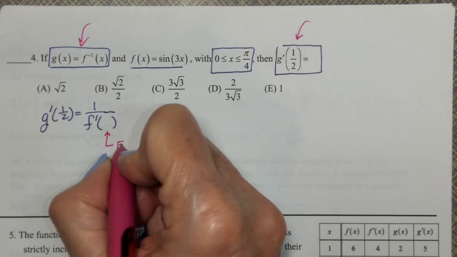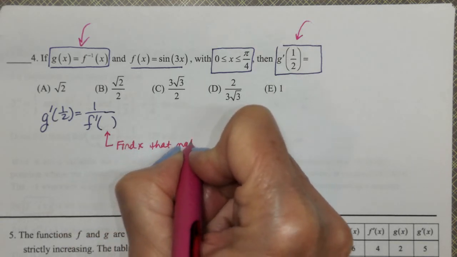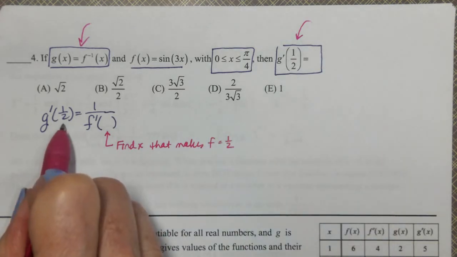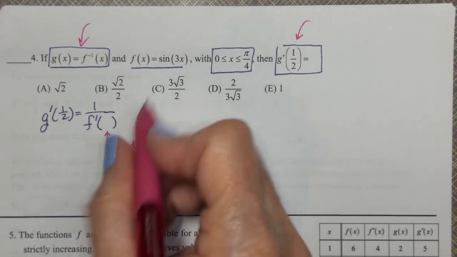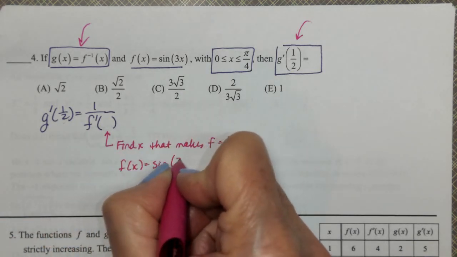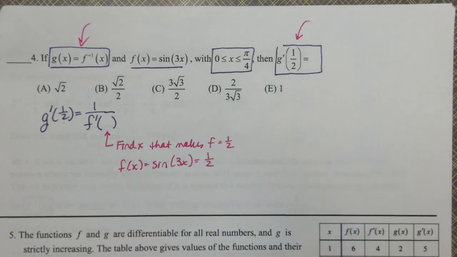So we're going to find x that makes F be 1/2. So I take my f of x, set it equal to 1/2, and solve for x. Now we're back in pre-calc and we are solving this little trig equation. I need sine of some angle to be 1/2.